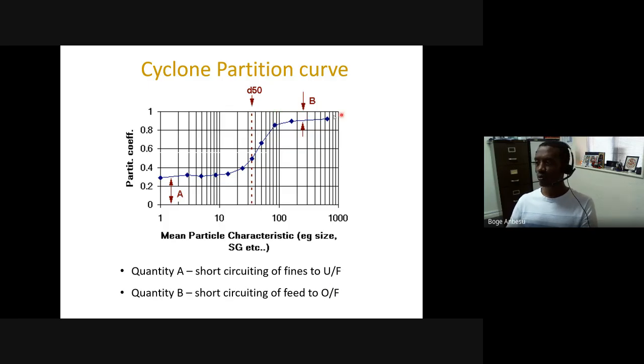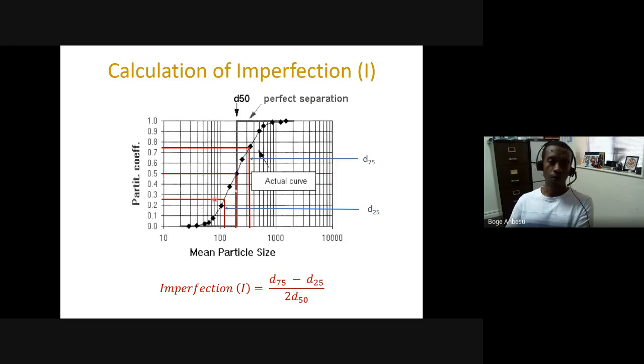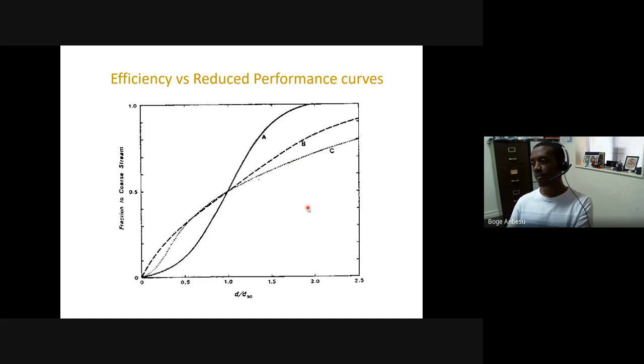So ideally, you want to minimize these values here to have an efficiently performing hydrocyclone, or for quality control purposes, you can work out the imperfection, and based on the value of the imperfection, you can keep an eye on the daily performance of a cyclone as well.